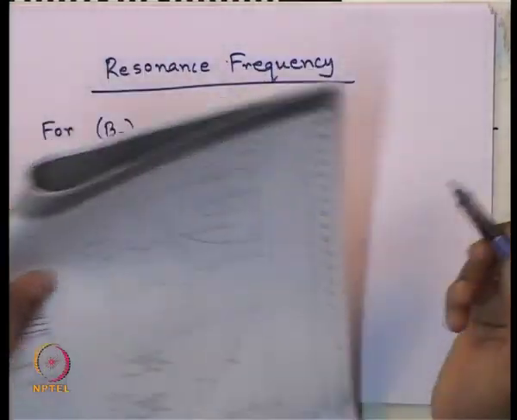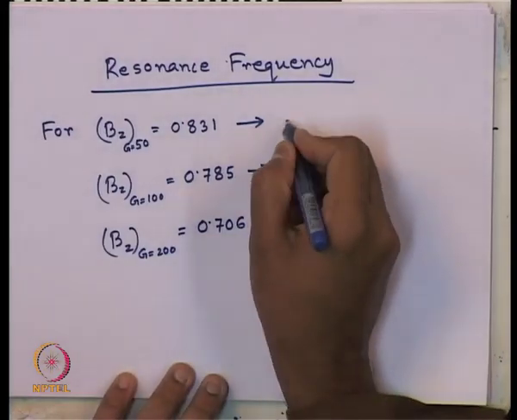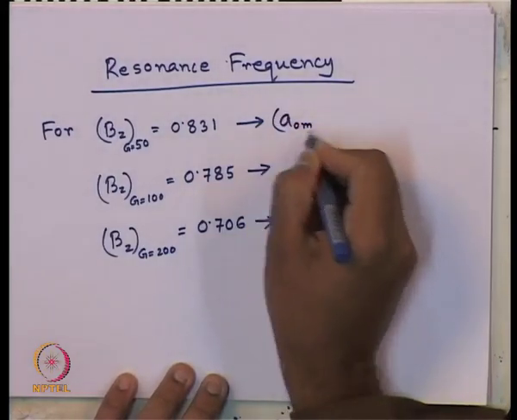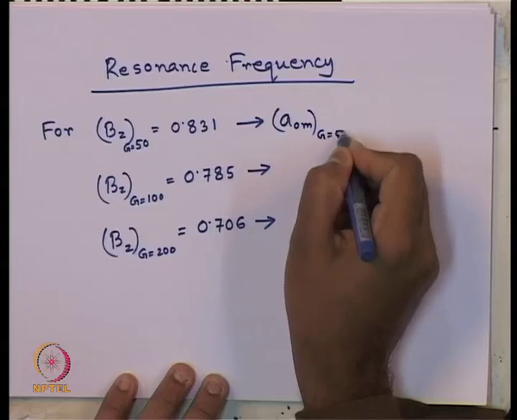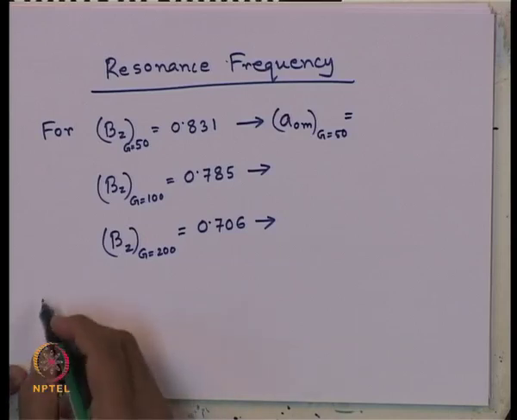So, let us read these values of A naught m. A naught m for this G equals to 50, let us first consider only for constant force type excitation.